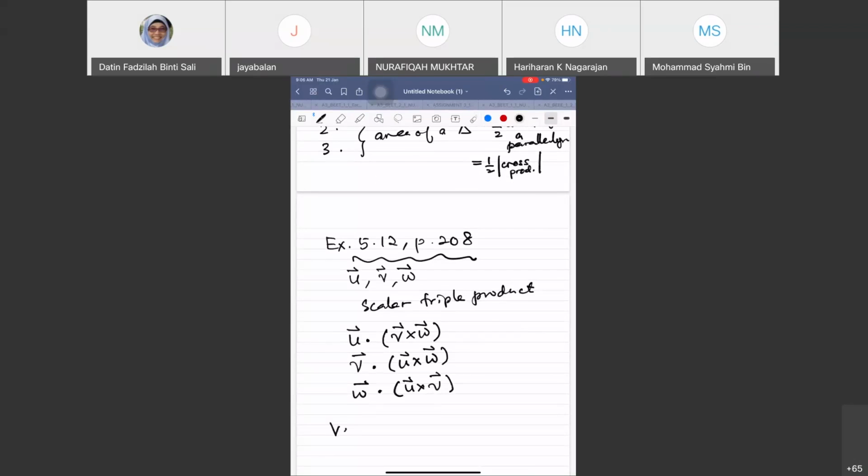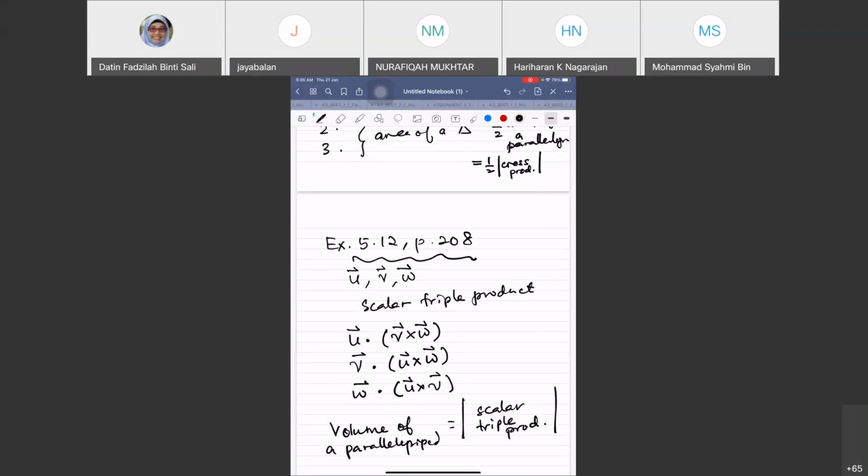But for the volume of a parallelepiped, it will be the magnitude of that scalar triple product. Okay, it will be a magnitude.